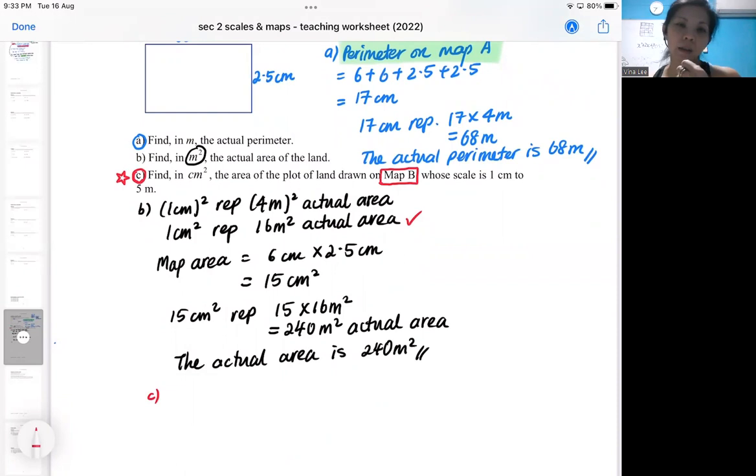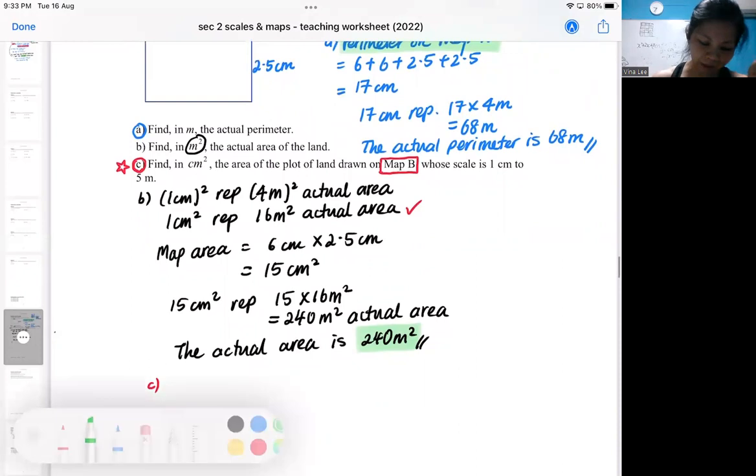Will it get smaller or will it get bigger? Don't forget, the map area can change, the actual area couldn't change. Later on, I'm going to make use of the actual area so that I can convert to the next map.